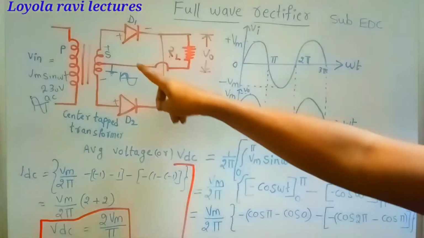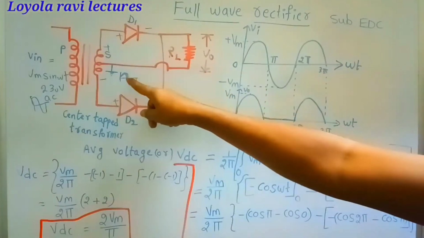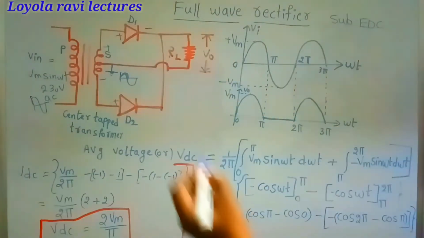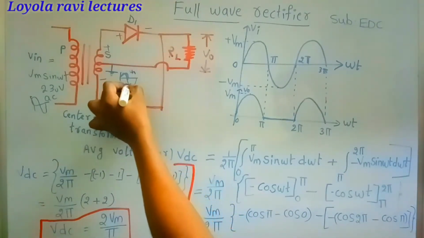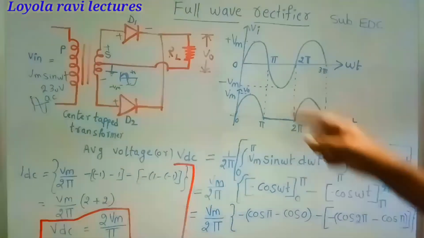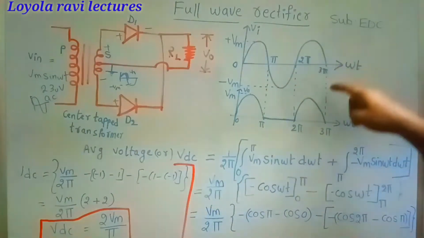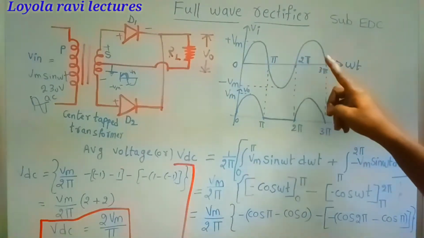When diode D1 conducts, it gives the same input as the output. Here this is plus Vm and this is minus Vm, so plus Vm we will get as the output. This is the input signal we are applying to the diode circuit, 0 to pi, 2 pi, 3 pi and so on.